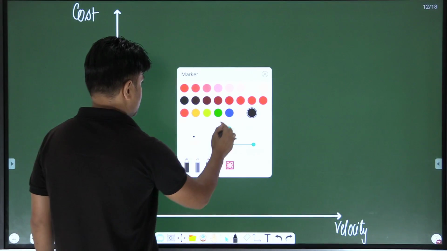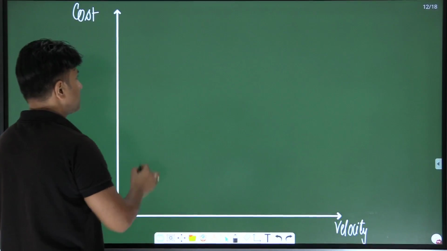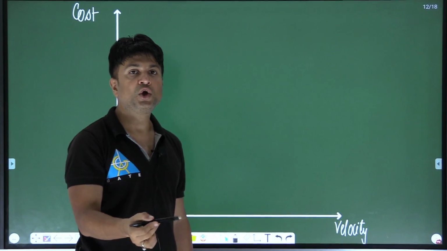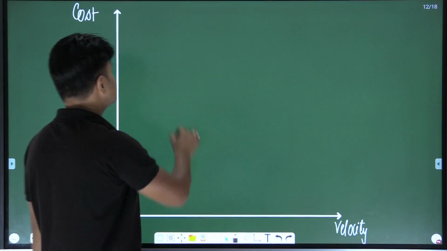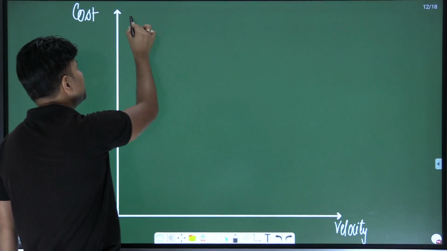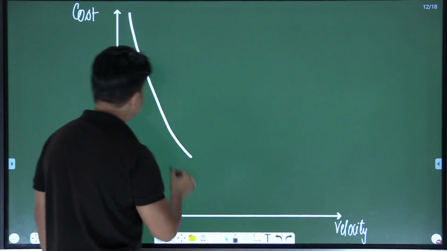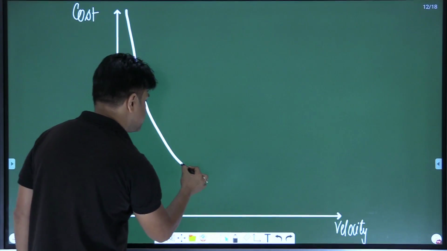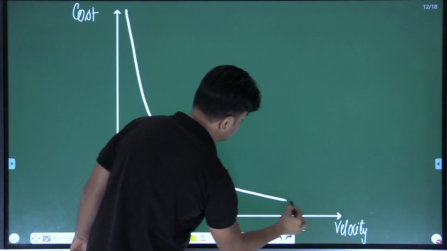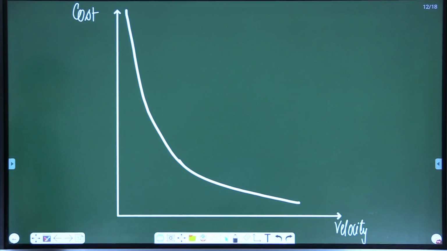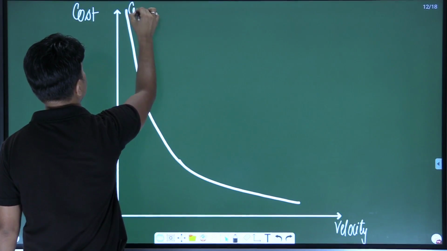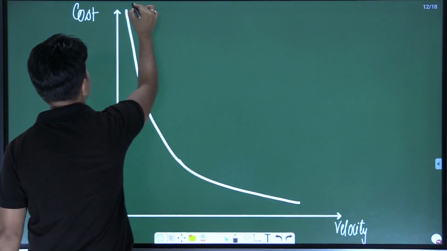Now look here, cutting cost means you are paying someone to machine the workpiece. That cutting cost decreases when you increase the cutting velocity, and after some time it behaves like this. This is cutting cost.